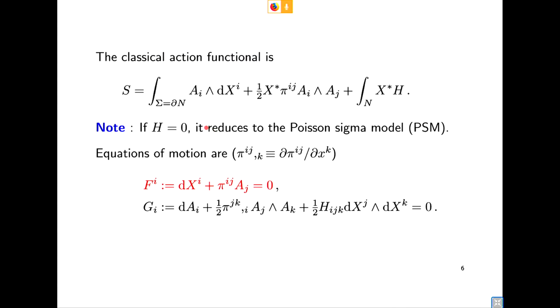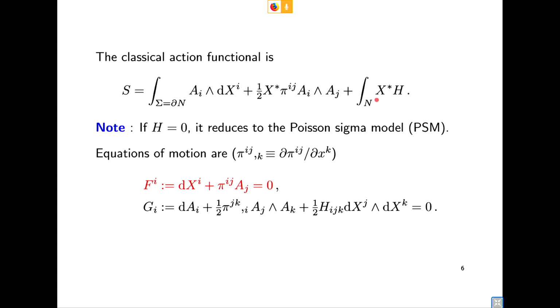So for the classical action, we consider a kind of mechanics. The classical action is defined as follows. The first two terms are the integration on Σ of A∧dX plus the bivector term. Then the final term is the integration on the three-dimensional manifold.